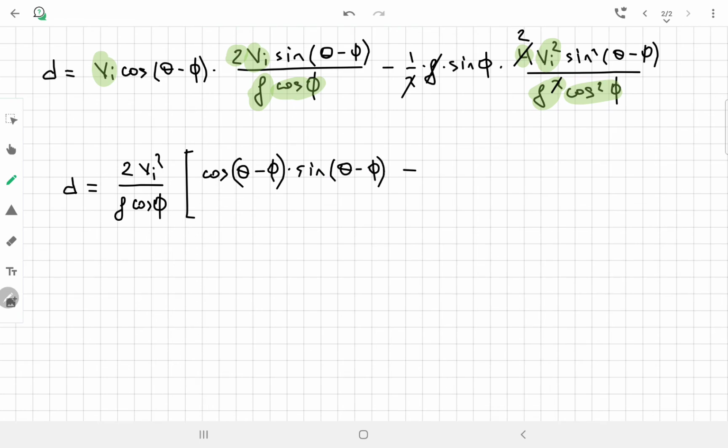Here we have sine phi divided by cosine phi times sine squared theta minus phi. I think we can also take outside the sine theta minus phi. This part we can also take outside.